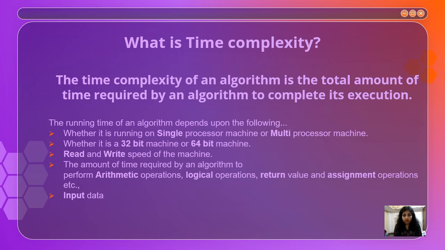The running time of an algorithm depends upon whether it is running on a single processor machine or a multi-processor machine, whether it is a 32-bit machine or a 64-bit machine, the read and write operations speed of the machine, the amount of time required by the algorithm to perform arithmetic operations, logical operations, return the value, assignment operations, etc. And mainly the execution time depends upon the input data that a user gives.